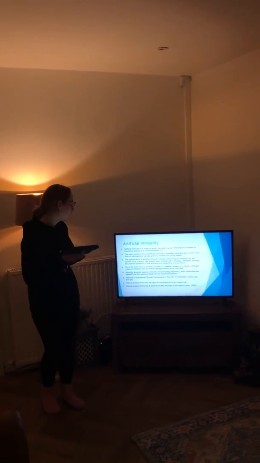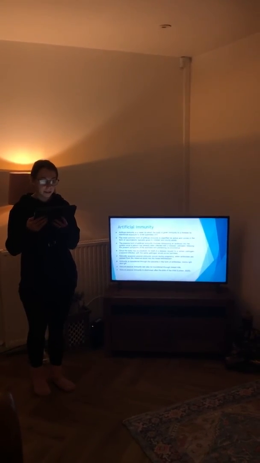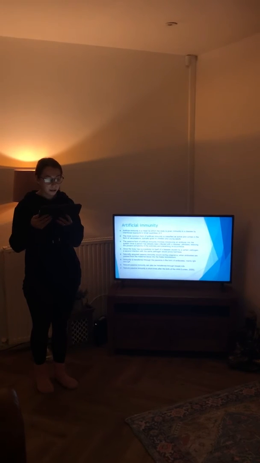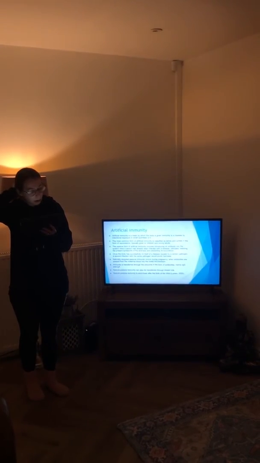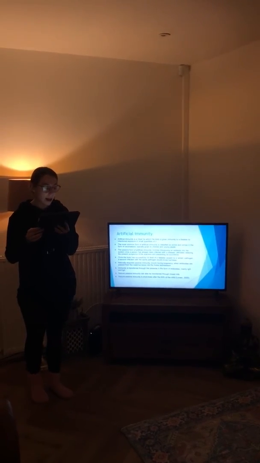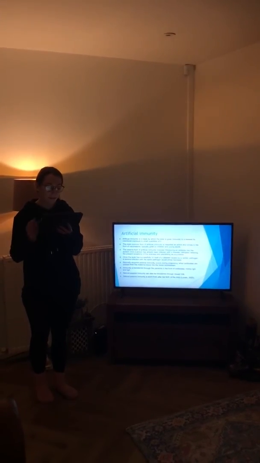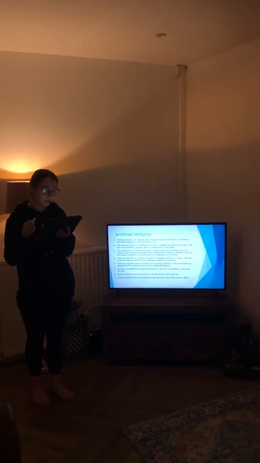Artificial immunity. Artificial immunity is a means by which the body gains immunity to a disease by internal exposure to small quantities of it. The most common form of artificial immunity is classified as active and comes in the form of vaccinations, typically given to children and young adults.